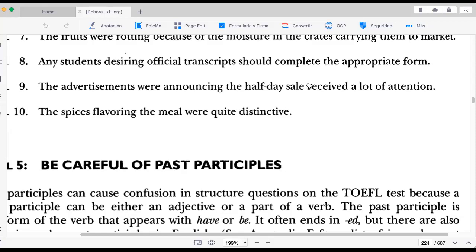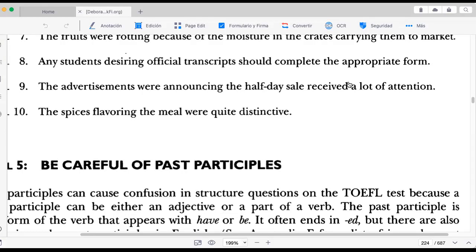Is the subject missing or not? They received a lot of attention. Could that be the subject or not? And there is the fault we are looking for. What do you think? It's missing the subject. Yes, in this case, that's right.